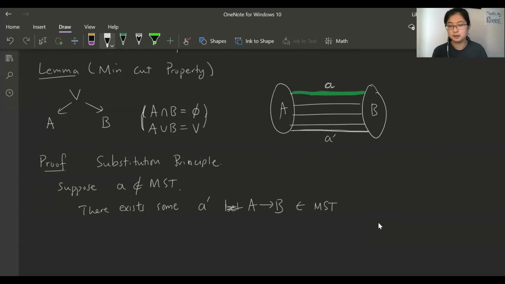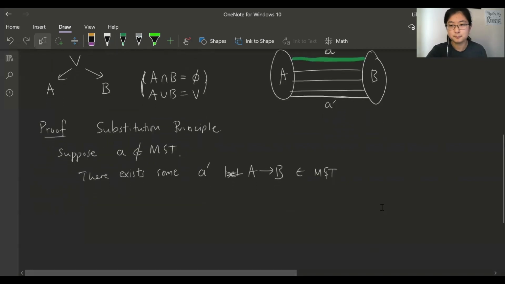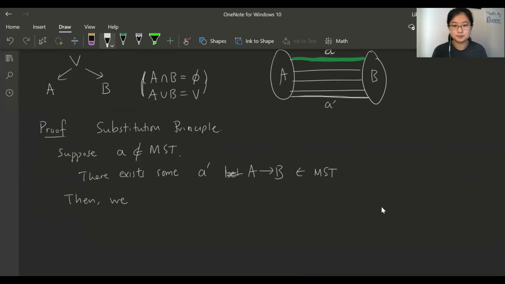Why is this? Consider that A and B are both sets of vertices, and for a tree to connect vertices from A to B, we must have something that goes between. There has to be some edge that connects vertices from A to vertices from B. Then we can substitute a prime for a.